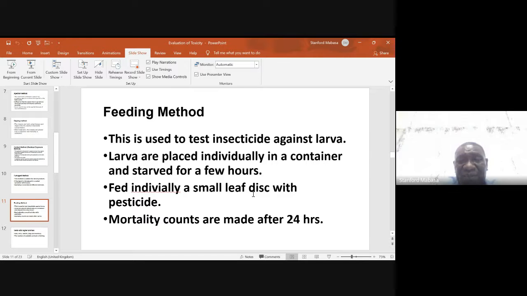Then they are fed individually. You can use a small leaf disc with a pesticide. When the larva has eaten that leaf disc, you can watch after 24 hours, some of the larvae could be dead. Then you count how many larvae have died.